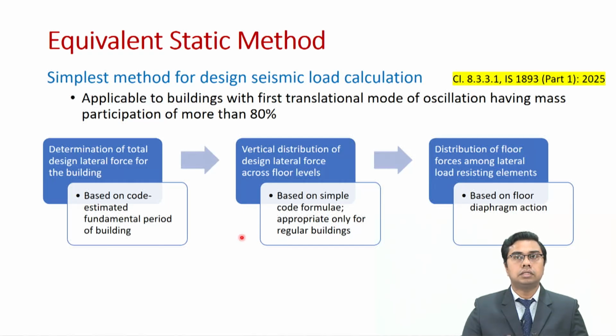So, the equivalent static method, as the name suggests, is the simplest method for design seismic load calculation, and therefore it is applicable to buildings which have first translational mode of oscillation having mass participation of more than 80%. If you have undergone a course on structural dynamics earlier, or if you have some background, you might be able to appreciate that this corresponds to most of the regular structures.